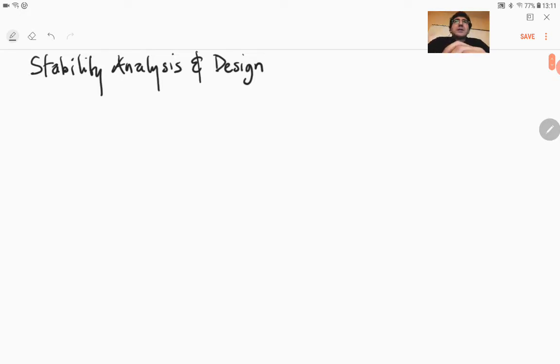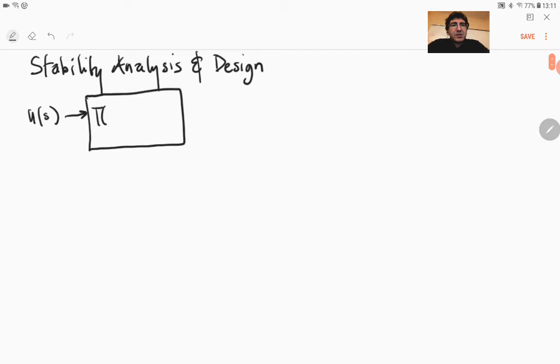So let's consider a system which is given an input, okay? And we assume that our system is composed of a transfer function, which is a rational function of s with a numerator polynomial p of s and a denominator polynomial q of s.